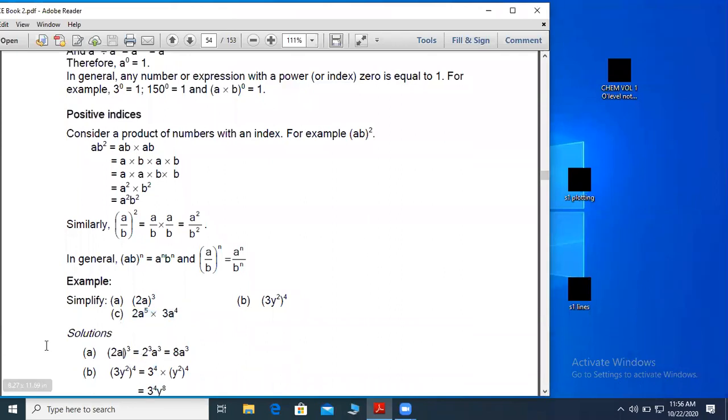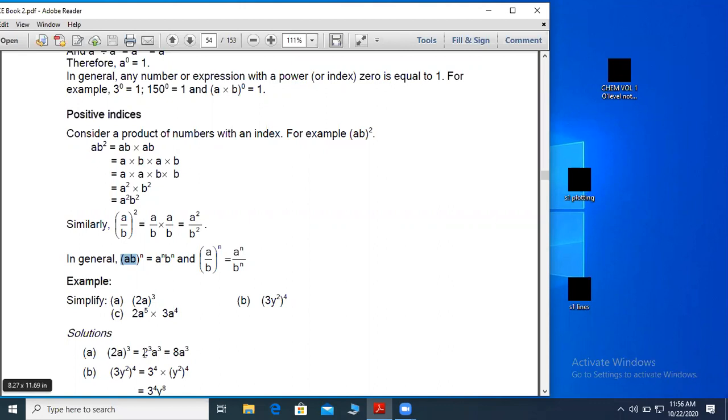So the answers are here. This is what Juko told us. The answer here, the 3, using this rule that we have just seen. Now our a is 2 and our b is a. So the power which is 3 will just come inside. It will be 2 to power 3, which is equal to 8a cubed.